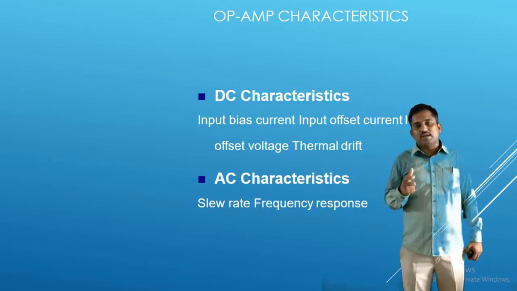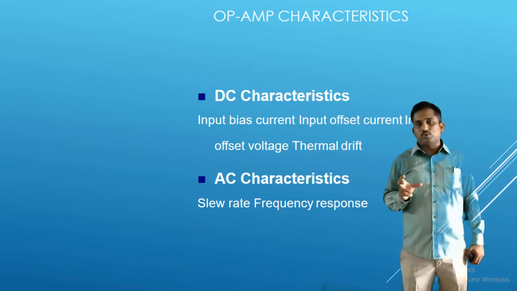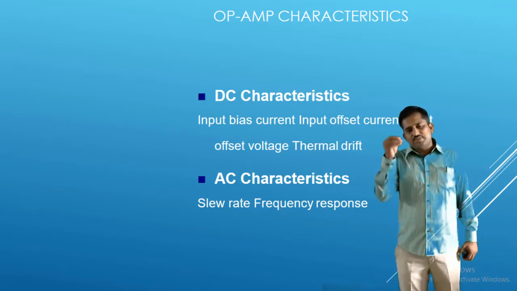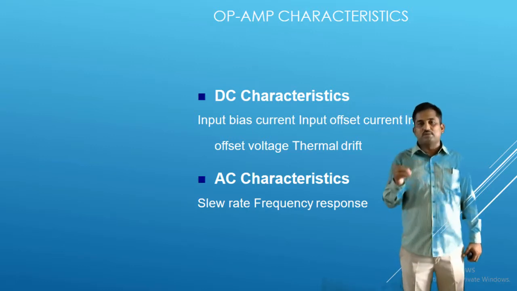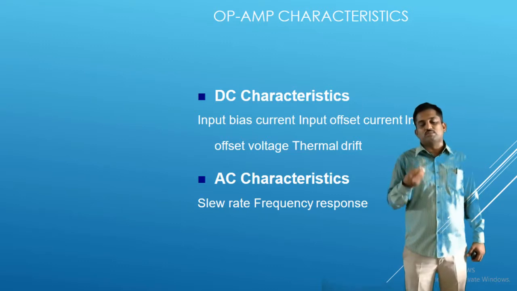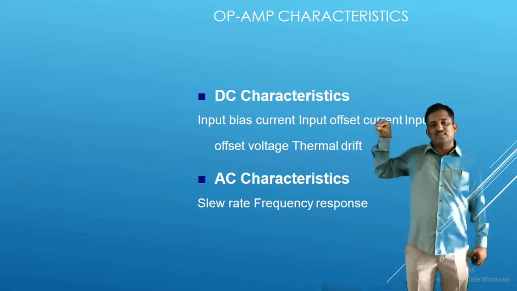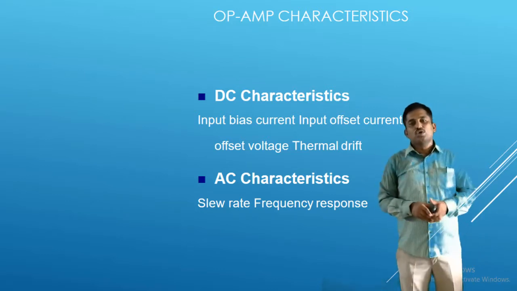The next one is input offset current, which is nothing but this: when we construct an op-amp, because of the mismatching of the components, some small amount of current will flow at the base terminals of the op-amp, which are nothing but the input terminals of an op-amp. Because of this also we will get the output offset voltage when both the input terminals are connected to ground.